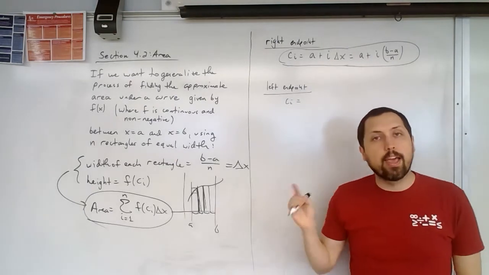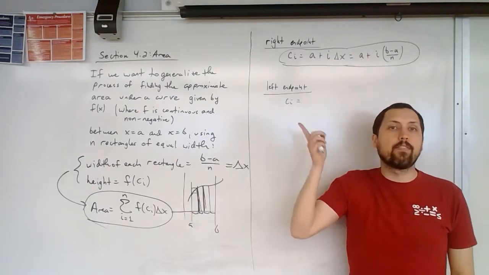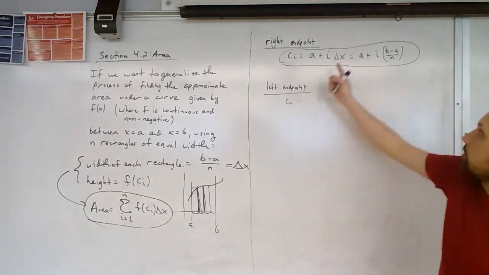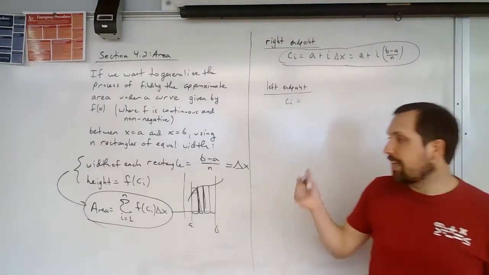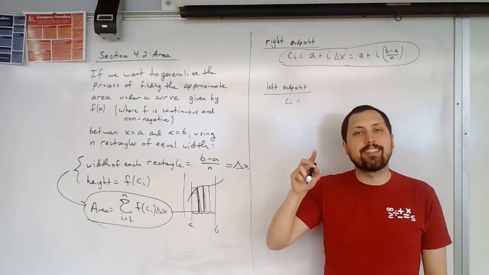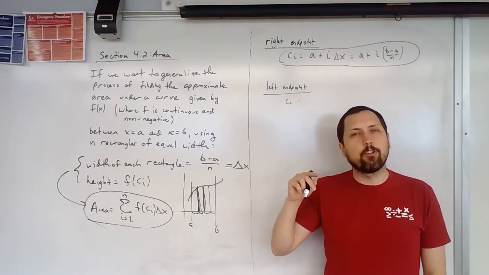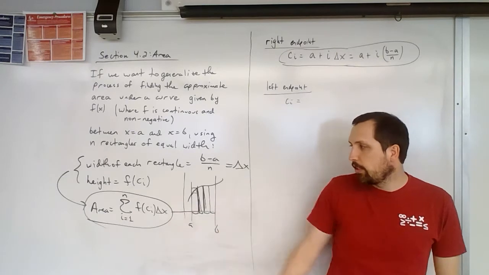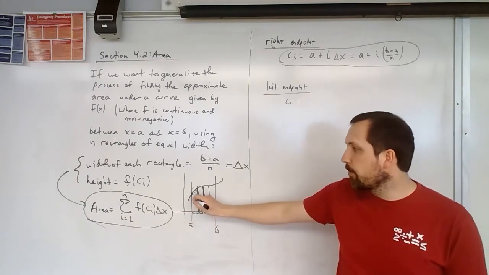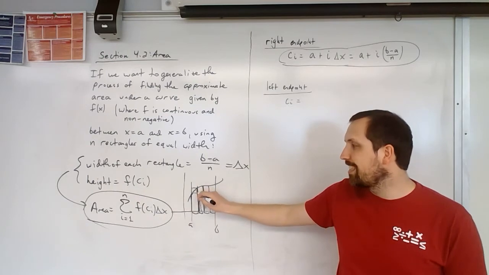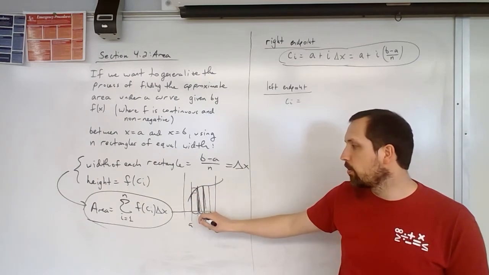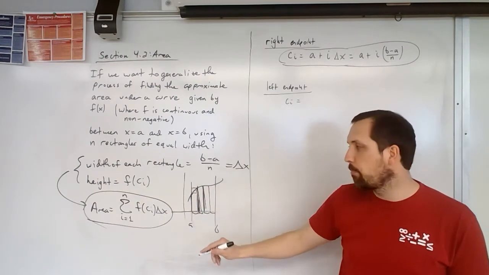So either way, we can use these. It depends on what we're given and what we're trying to find. These are just interchangeable with each other. So the left endpoint, we said that's a little bit different. We looked at those examples where the i's get a little funny when we write it in this summation notation. But in this case, my first one needs to start here at a. My second left endpoint will start over here when I add on 1 copy of delta x.